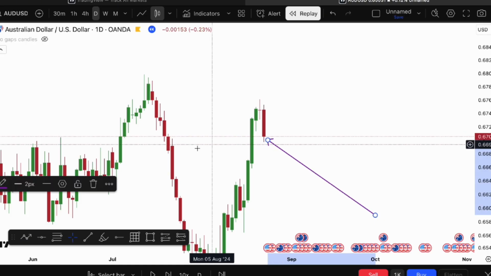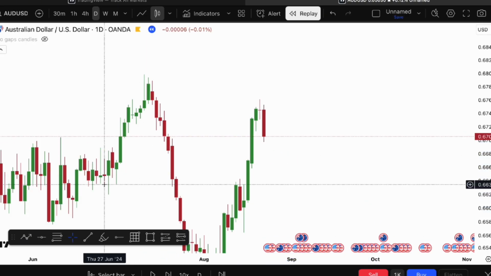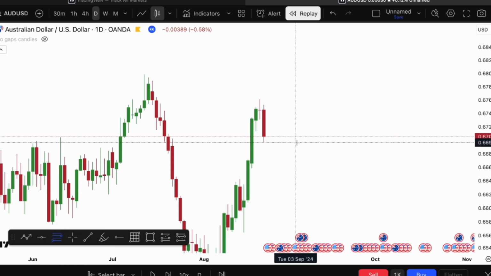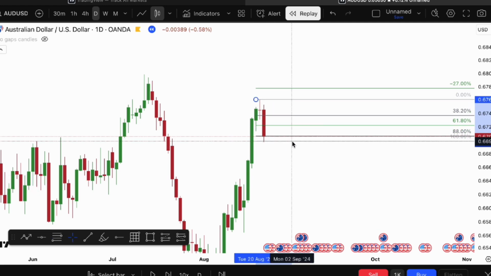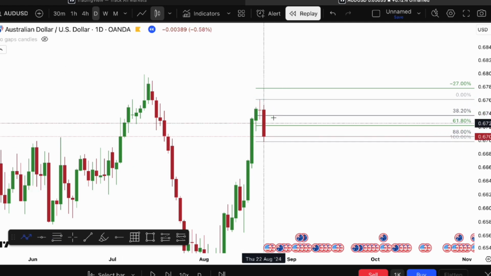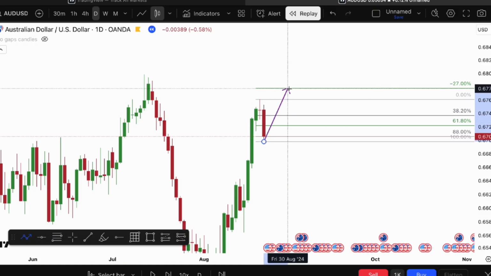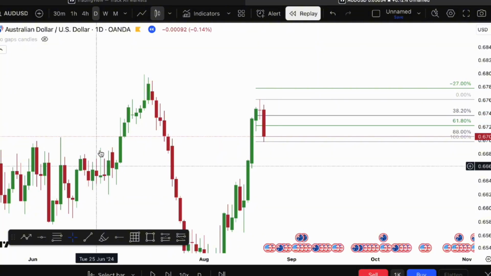On the weekly, you identify your support or resistance that could be of influence. Then you come back to the daily, you draw your fib from the end of the retracement to the beginning, because we predict that price is at least going to travel to the negative 27 before its retracement.